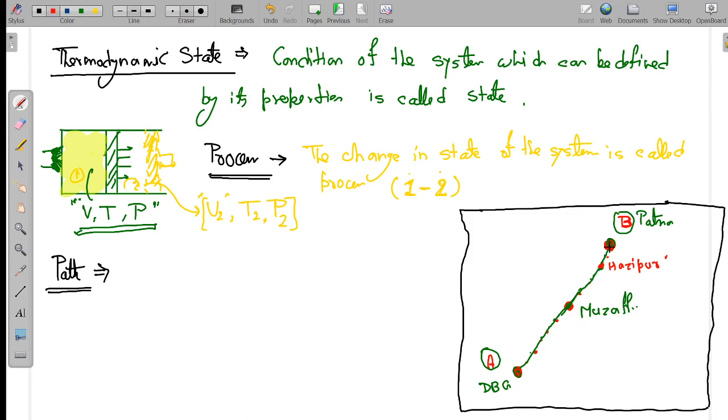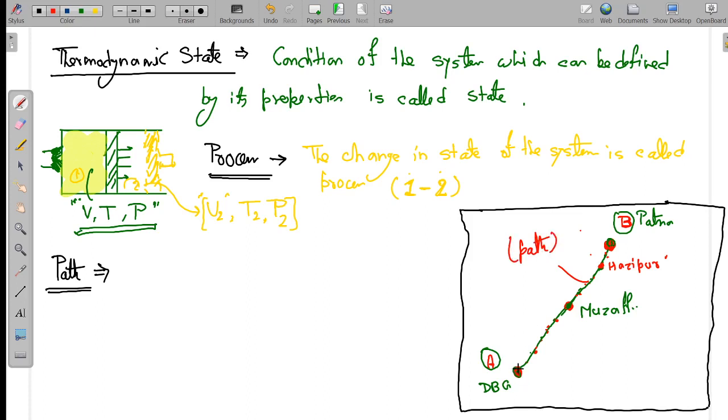I can define my state with the help of the properties which are available there. But if I am going on the highway where there is no village or any city, then I cannot define where I am with the help of a city or village name. So there are a number of states through which I have passed from state A to state B. These series of states are called the path.